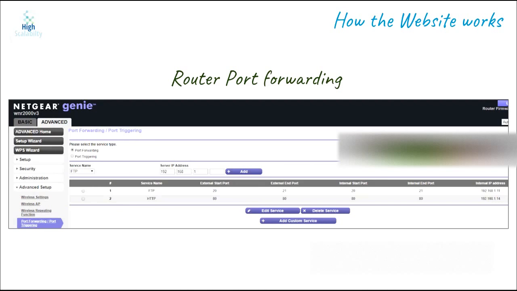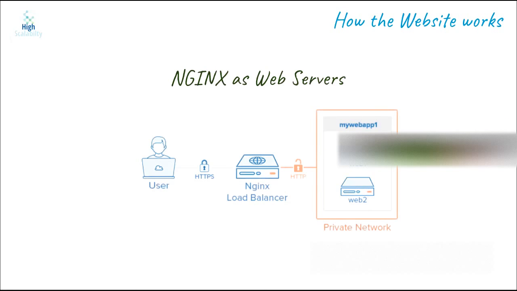In this case, the incoming request service is HTTP, and the port is 80, which is the default port, and the IP address, which is internal within the home domain, is this one. Once it is forwarded, the external request gets forwarded to the internal IP address and the page gets served.